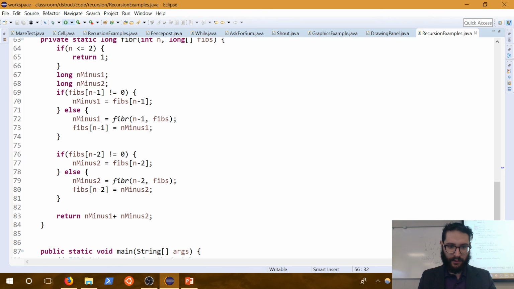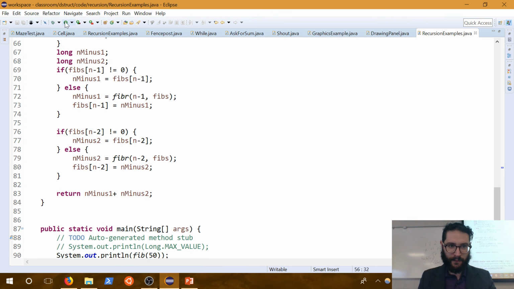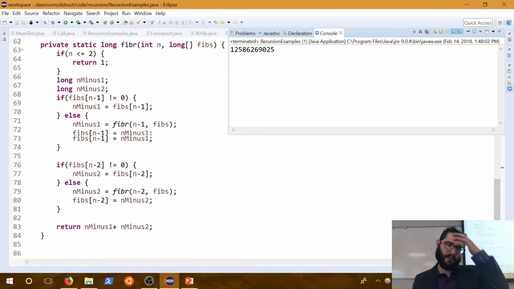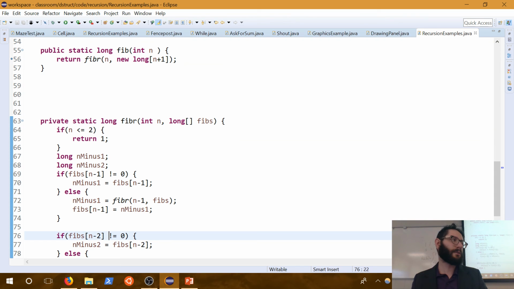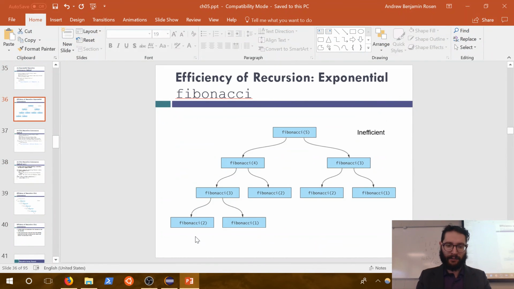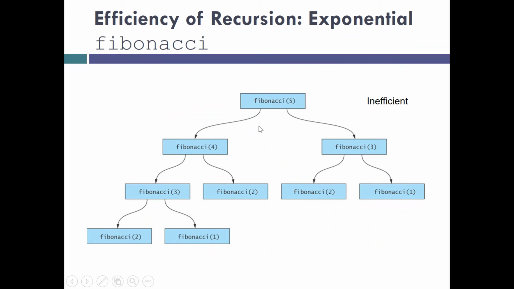So now, fib of 50 returned very quickly. Because what does it do? Well, when we do this branch, it still does all these method calls where 5 needs to calculate 4 and 3 to solve itself. But here, 4 is going to solve 3 first, and then it's going to solve 2.